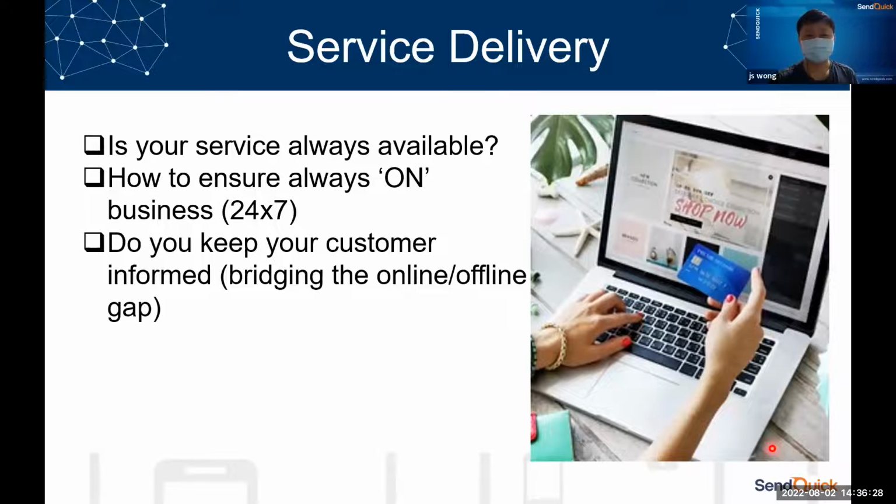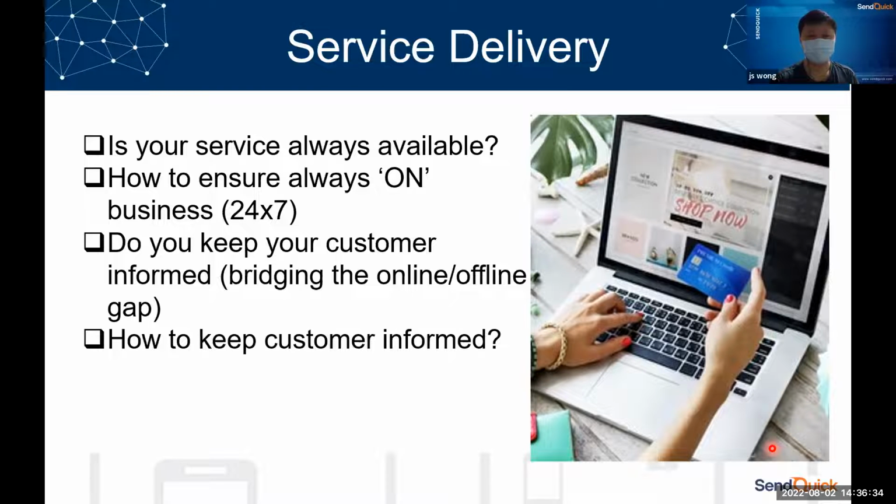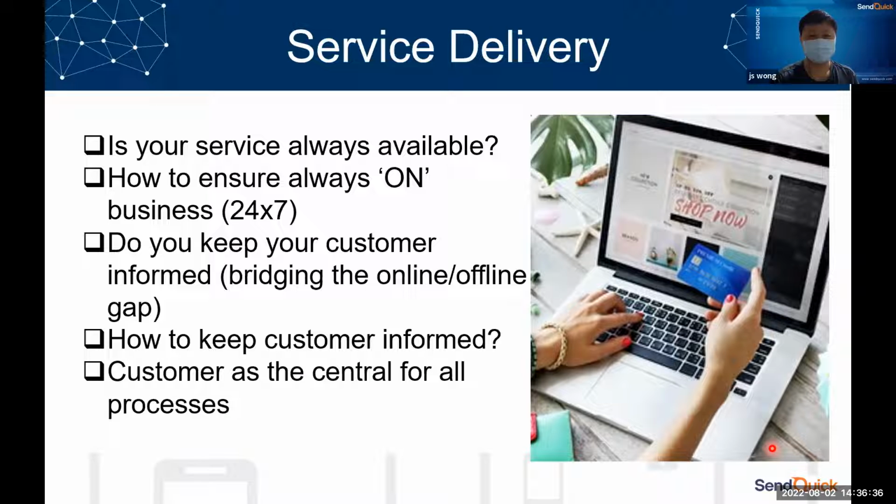Okay, so how do you keep your customer informed? How do you bridge the gap between online and offline? And the customer is the center of all processes. So in the service delivery portion, you look at the customer as the key focus of how you deliver your services to them.